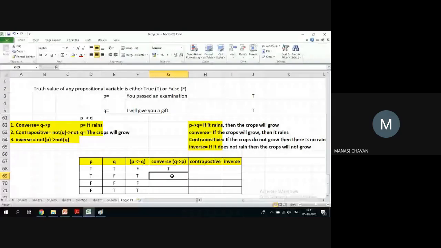Next, true. Next, first was true, last one false. Is it the same? Any other answer from any other student?